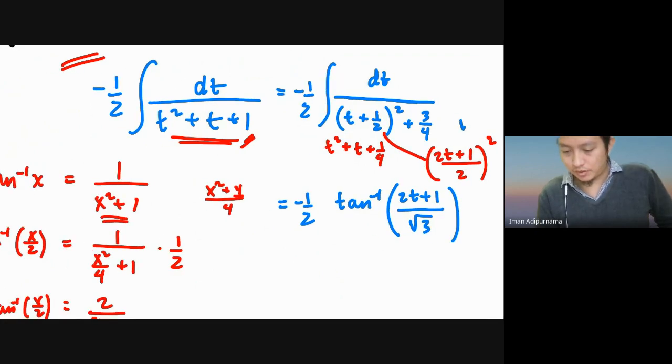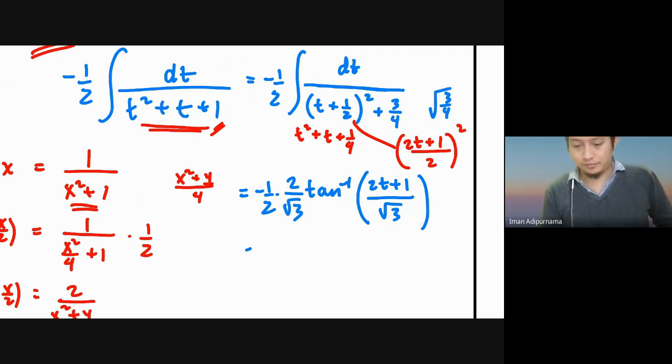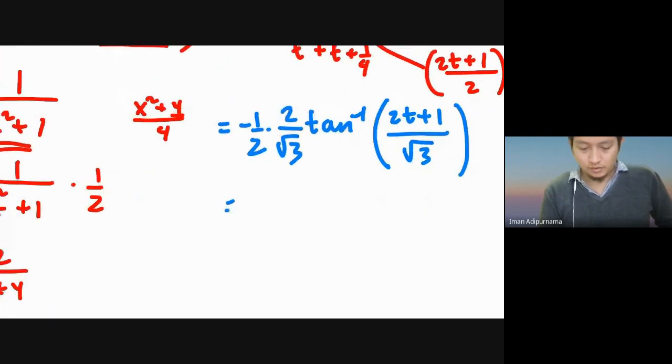Because we have this 3 over 4, and also we need to multiply this with 2 over square root of 3. So we will have negative 1 square root of 3 tangent inverse.